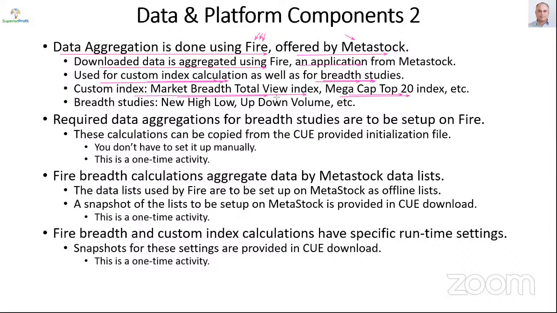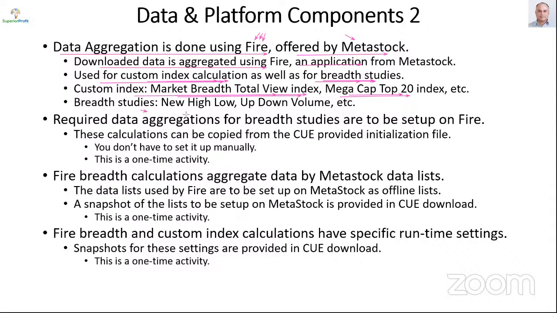And market breadth total view index is a special custom index that is used to draw the candle chart on market breadth total view. Market breadth total view is calculated for USA market using the two composites and four major indices, and the custom index is also based on that, the two composites and four major indices.